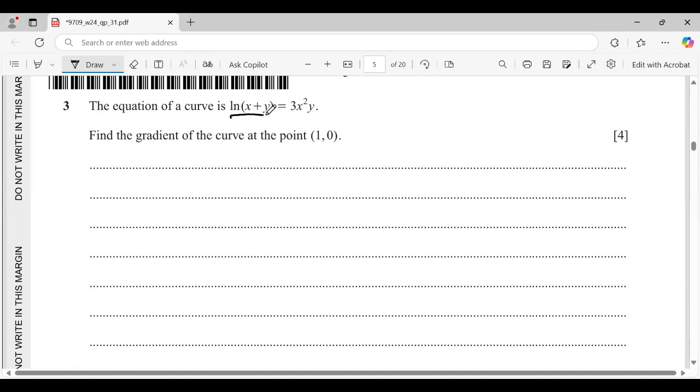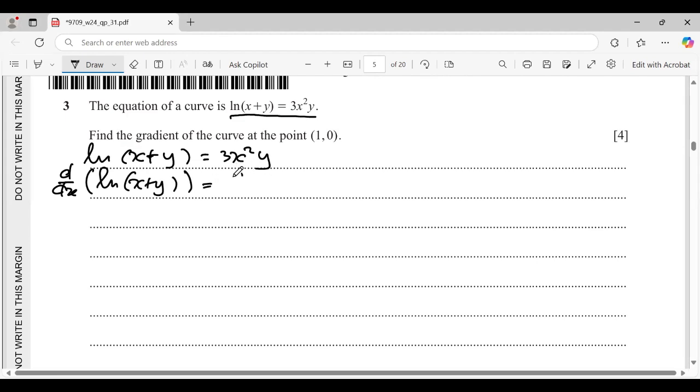So this equation, ln(x plus y) equals 3x squared y. We're going to differentiate the left-hand side and the right-hand side, d/dx of each.